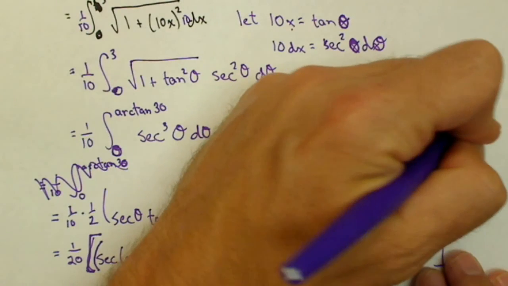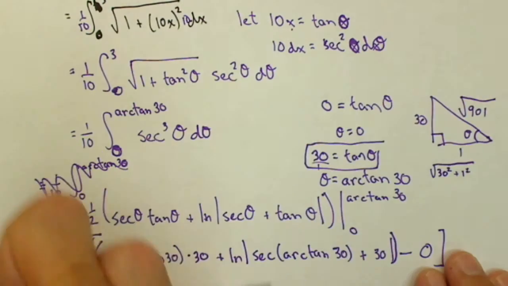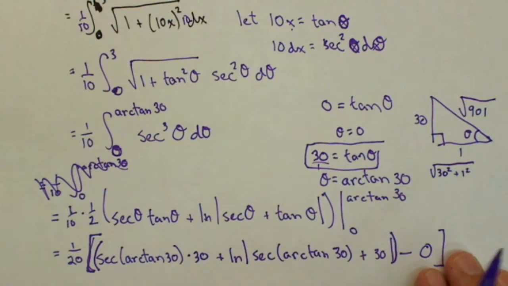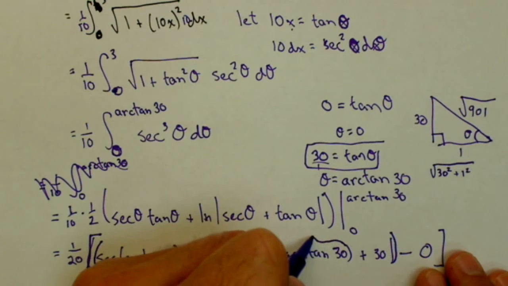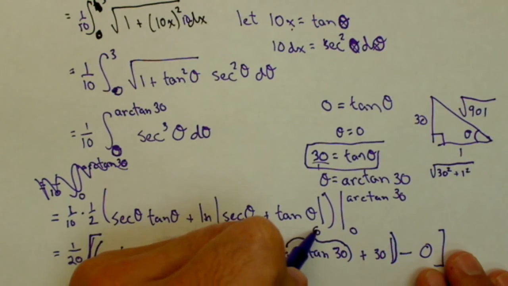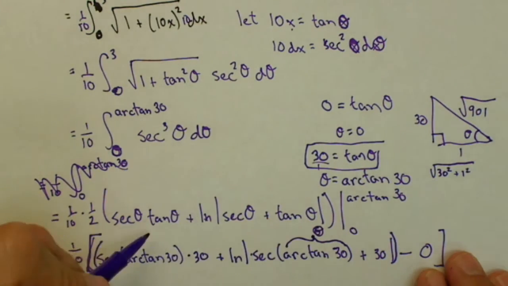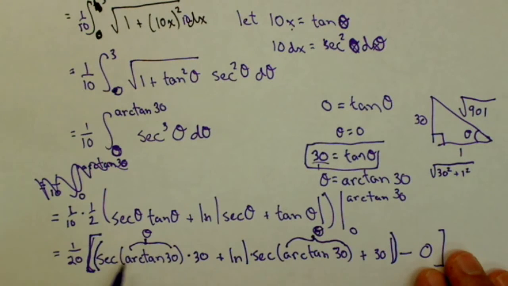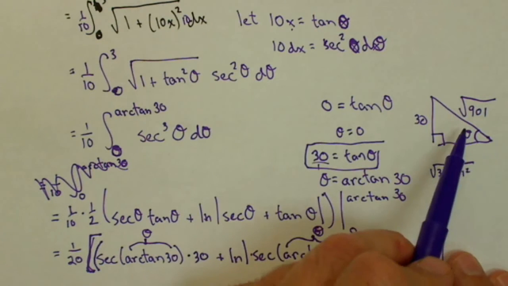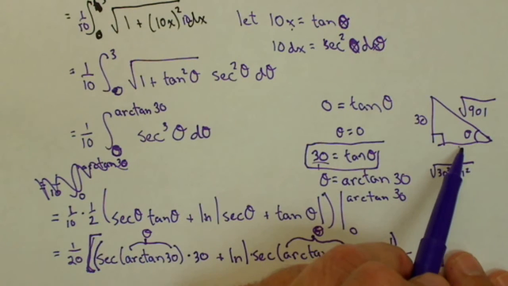So the square root of 901. Now secant of that, because remember, basically this here was theta. When we go to take the secant of that, well, secant is 1 over cosine. Cosine is adjacent over hypotenuse, so we have a hypotenuse over adjacent. So square root of 901 over 1.